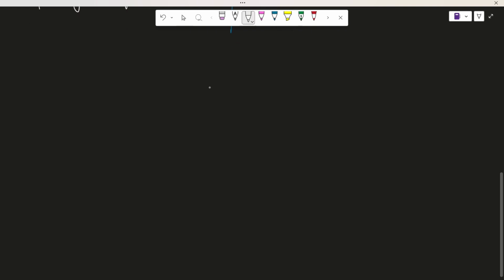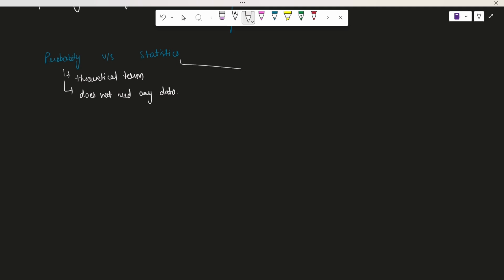Now let's discuss probability versus statistics. Probability is basically a theoretical term. It does not need any data, but statistics requires data.